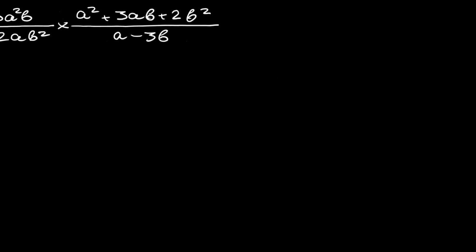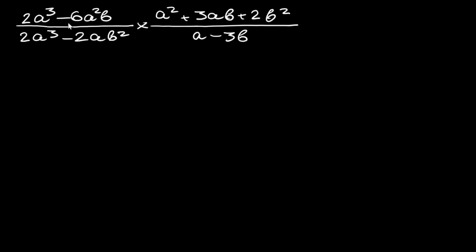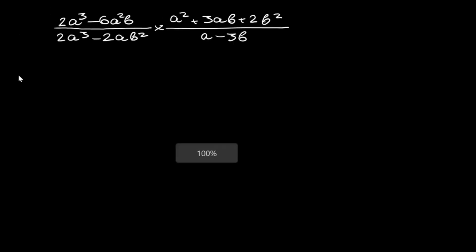Let's keep going. We have 2 times a to the power 3 minus 6 times a squared b over 2 times a to the power 3 minus 2ab squared. All this is multiplied by a squared plus 3ab plus 2b squared over a minus 3b. Now, again, we have to find the highest common factor of this expression.